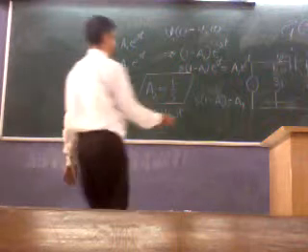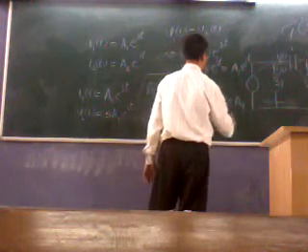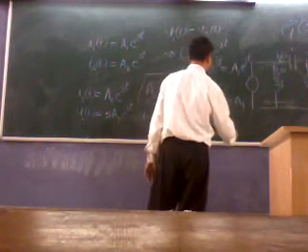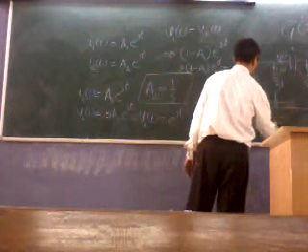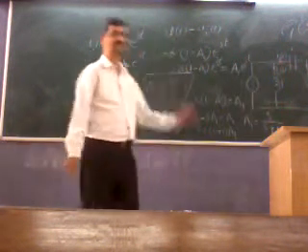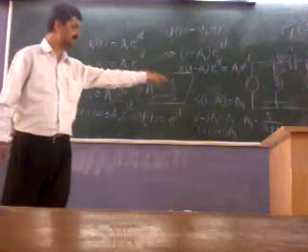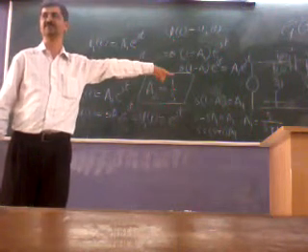It is s minus sA1 equal to A1. So s is equal to (s plus 1) into A1. So A1 is s upon s plus 1. So when A1 is s upon s plus 1, what is V2(t)? s upon s plus 1 into e raised to st. So what is V2(t) upon V1(t)? s upon s plus 1.